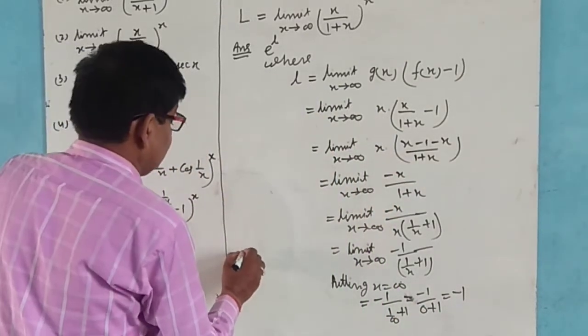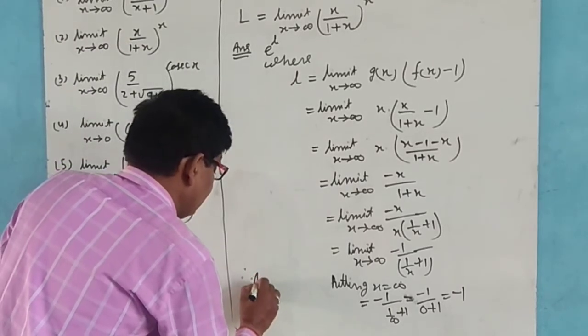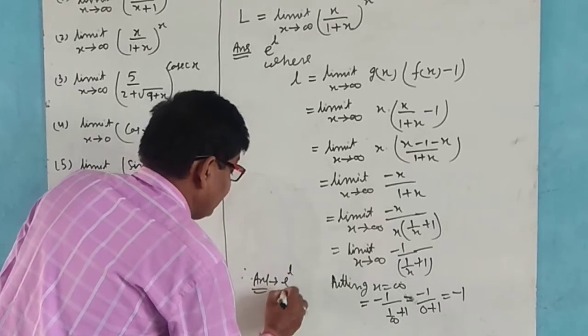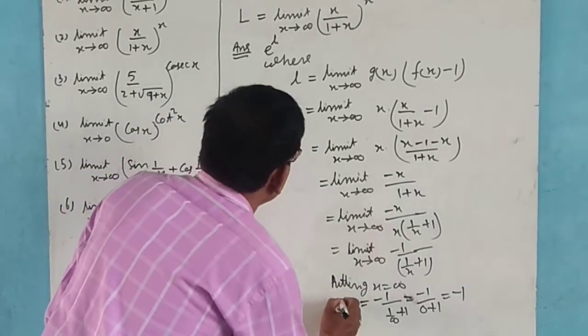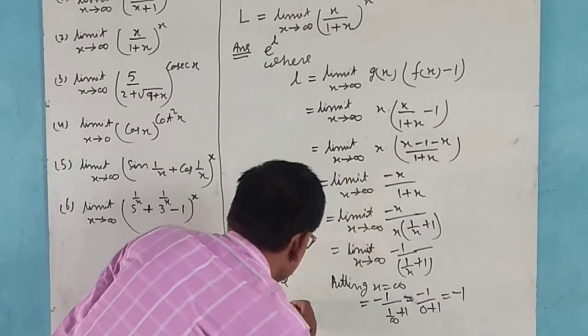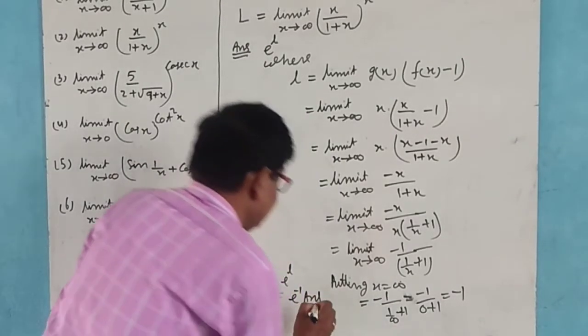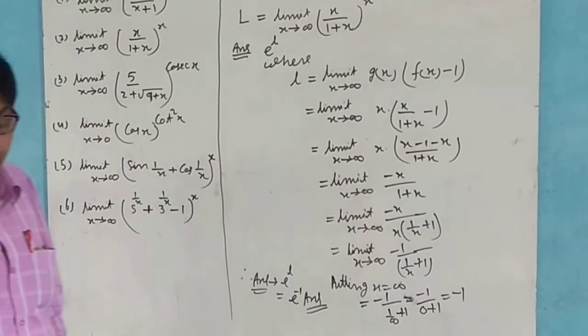So the answer will be e to the power l, which is equal to e to the power minus 1. This is the limiting value of our problem.